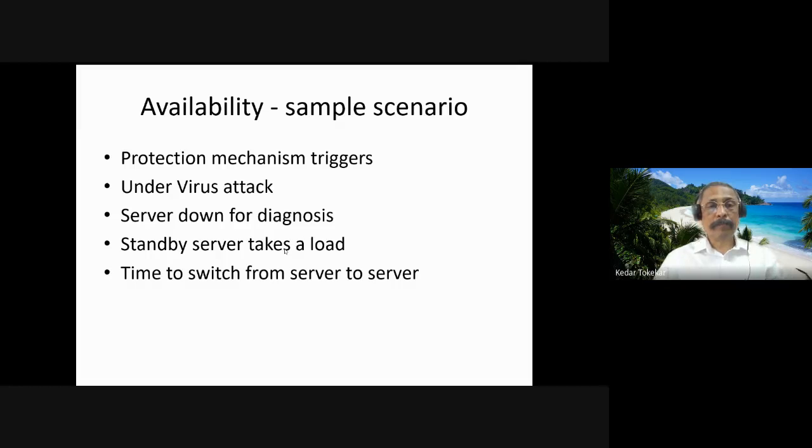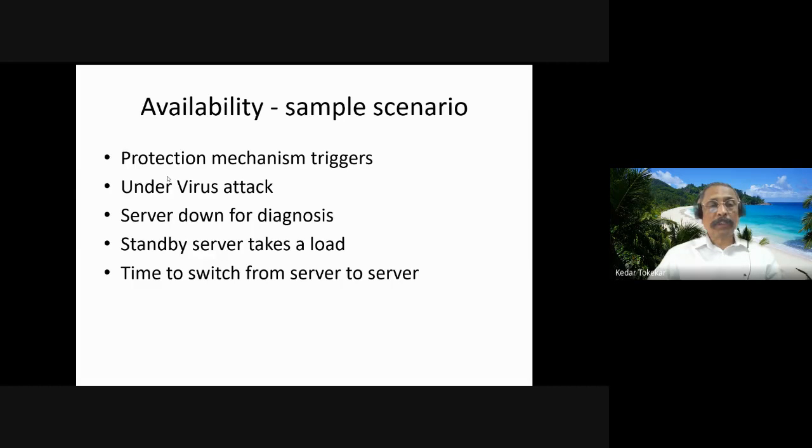Now, a sample scenario for this: there is some virus attack on the system or the specific server. The protection mechanism detects it. The antivirus running on the server detects that there has been a malicious attack on the server, or hackers have started attacking it.